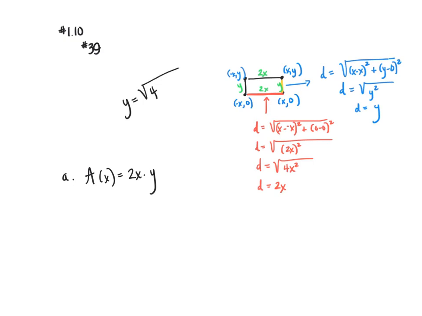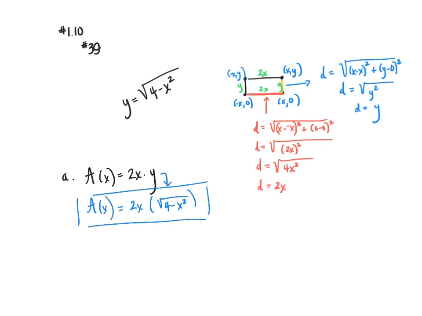It's the square root of 4 minus x squared. So that's all I did, is plug in that y value. And I have now a function in terms of x. And that's my area function. That's really all you have to do.